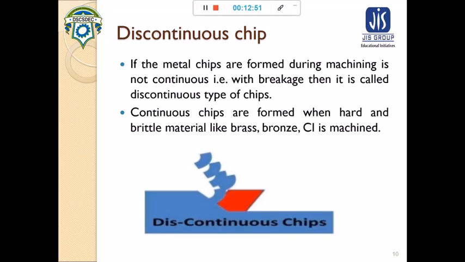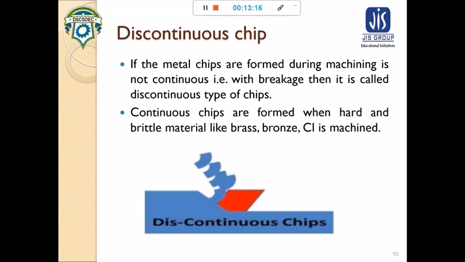This can be formed when machining brittle materials such as brass, bronze, cast iron, etc. It can be formed due to stress concentration or micro cracks generated by stress concentration.